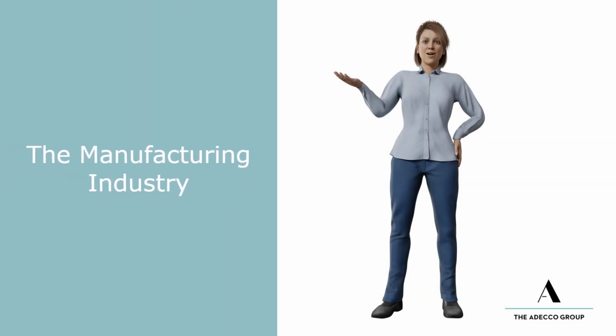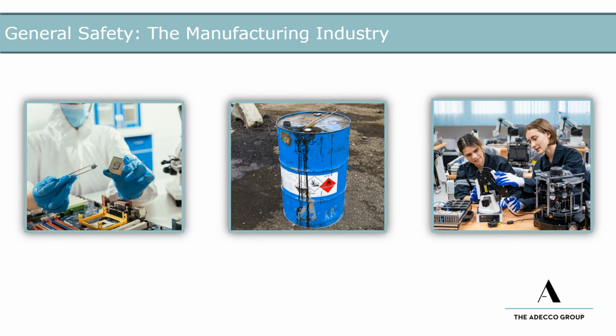To begin, let's consider some general protocols and procedures to keep you safe at any worksite in the manufacturing industry. Manufacturing operations involve the production of goods using various processes and equipment. These operations can pose various hazards to associates, including physical, chemical, and biological hazards.